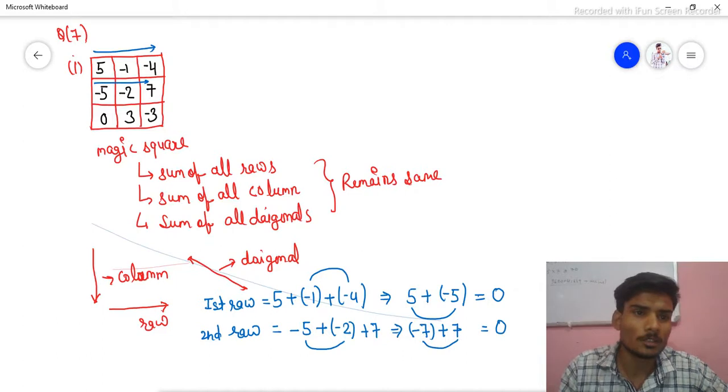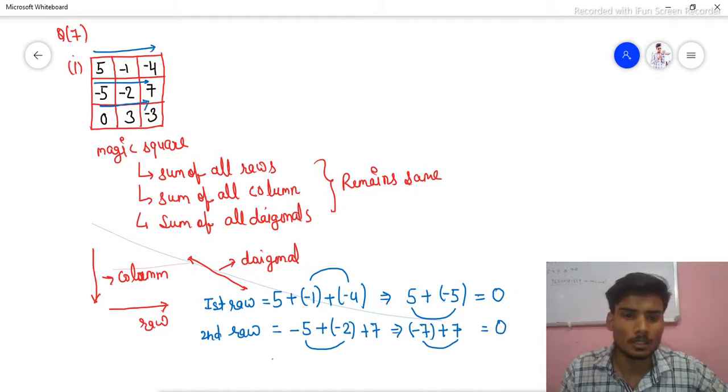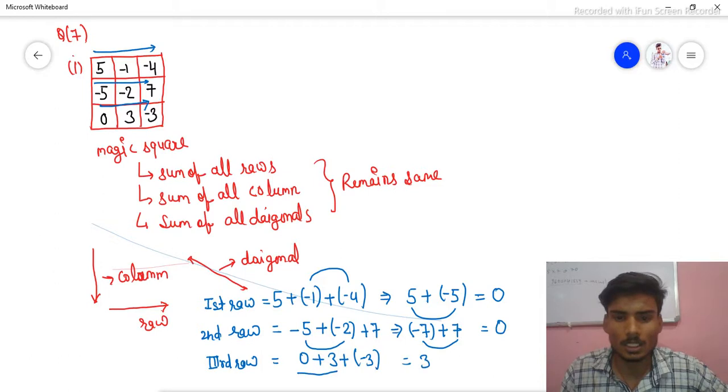Then the sum along the third row, that is 0 plus 3 plus minus 3. 0 plus 3 is 3, plus minus 3, that will be 0. So the sum of all rows is 0.